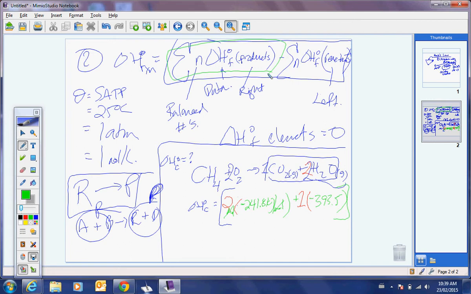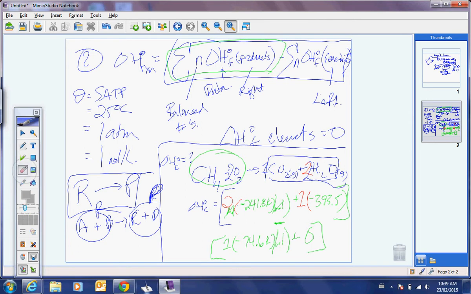Okay? Subtract. Square brackets. This side now. Methane. 1 mole of methane times, what is the formation of methane? Negative 74.6. Plus, what's the formation of oxygen? 0, because it's an element.